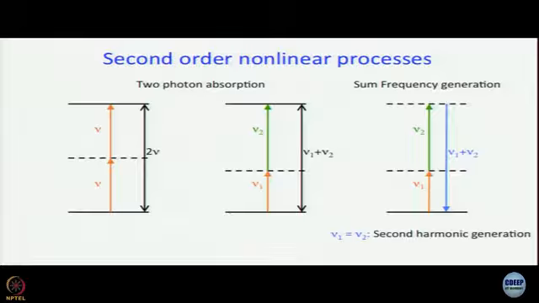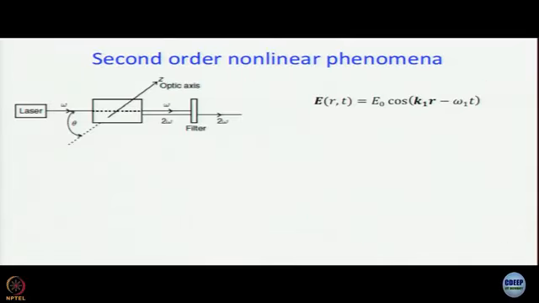Now, with that simplistic background built, let us go a little further into understanding second order nonlinear phenomena. Once again we are following our usual textbook, Helena. Think of what you have at the entrance side of the FOG spectrometer.